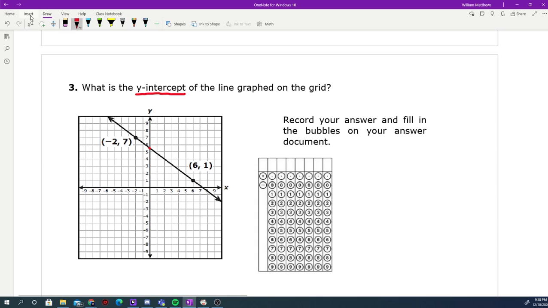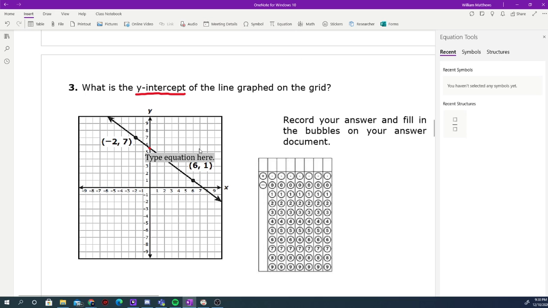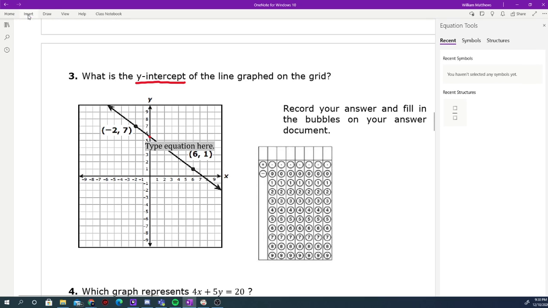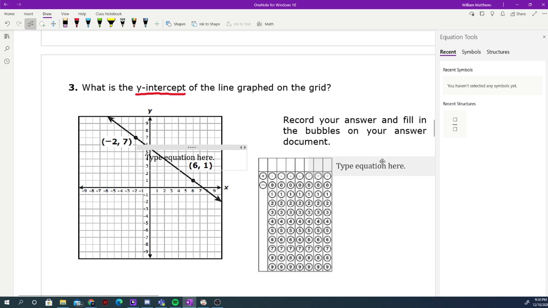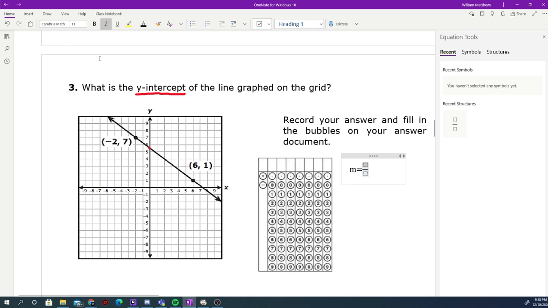Now the slope formula is m, lowercase m, equals our change in y over our change in x.